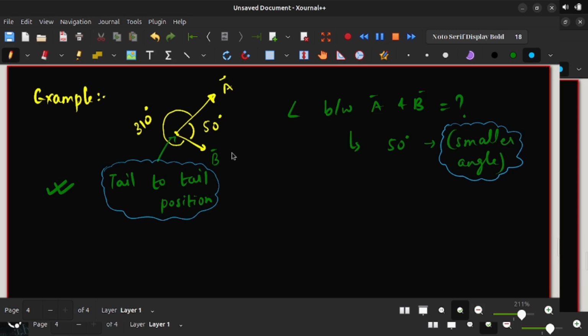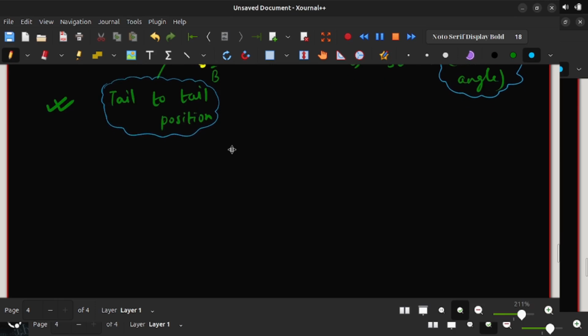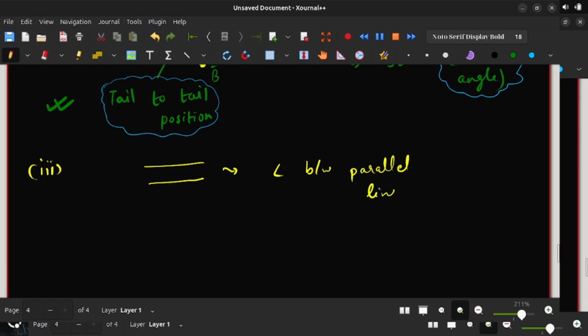Then the last thing I want to discuss: if you have two parallel lines, then the angle between parallel lines is either 0 degrees or 180 degrees.